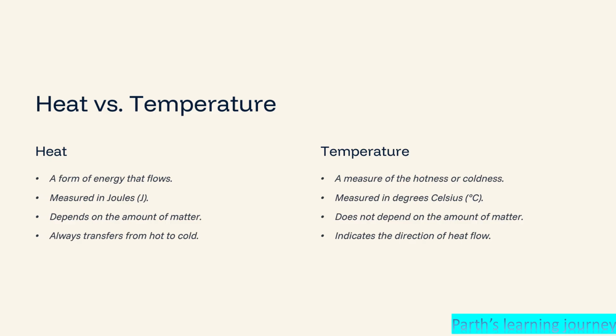Heat is measured in joules, the basic unit of heat, but temperature is measured in Celsius. Heat depends on the amount of matter, but temperature doesn't depend on the amount of matter. Heat always transfers from the hotter to the colder body, and temperature indicates the direction of the heat flow. Let's move on to the next slide.